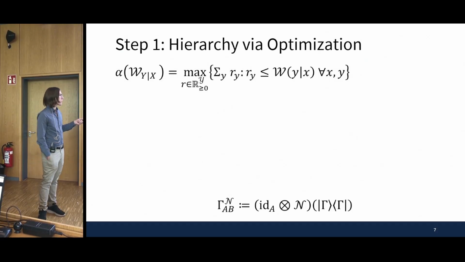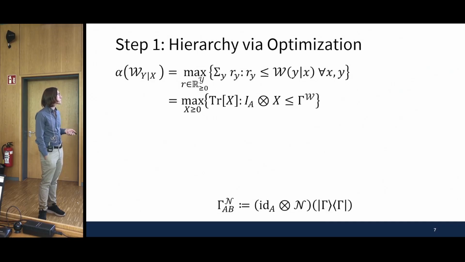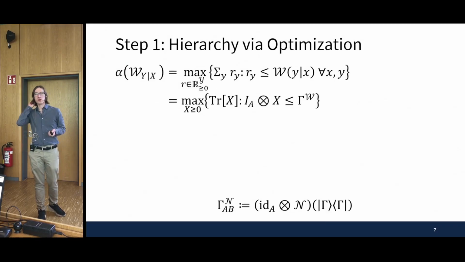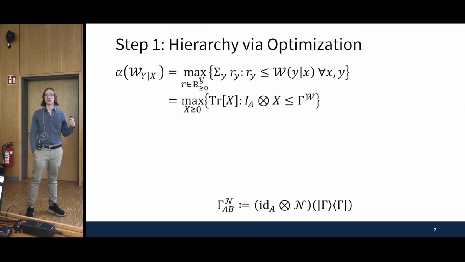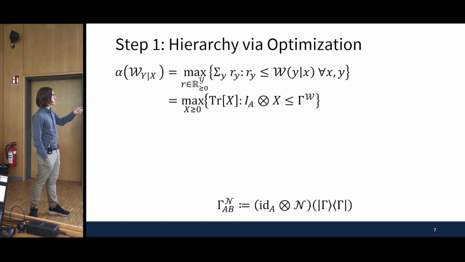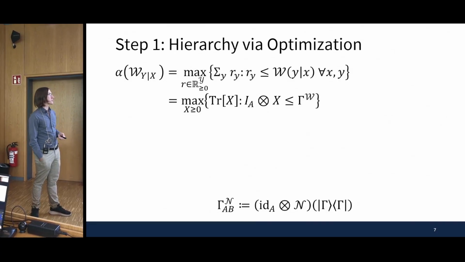If I take a channel and use the Choi isomorphism, then I can rewrite this optimization as maximizing over the positive semi-definite operators, where we have this relation between the Choi operator of W that we're interested in and this object, which you can think of as the Choi operator of a replacer channel. And this is the normal positive semi-definite ordering.